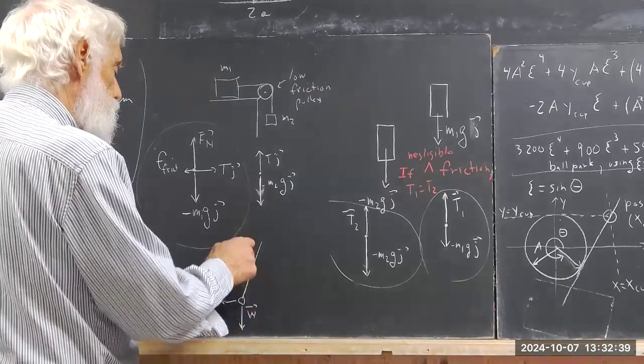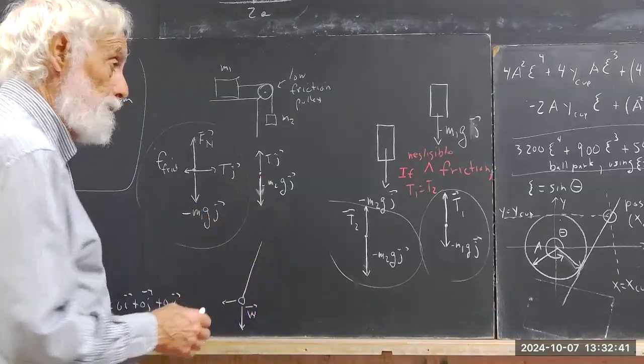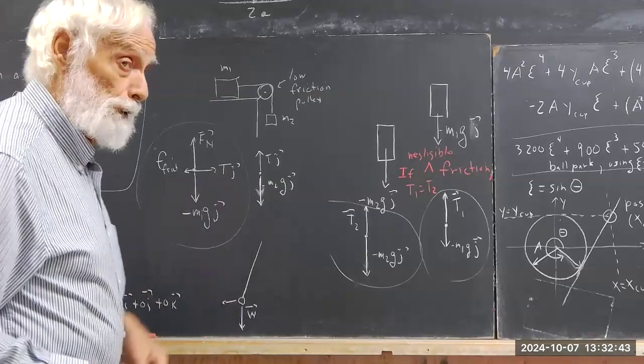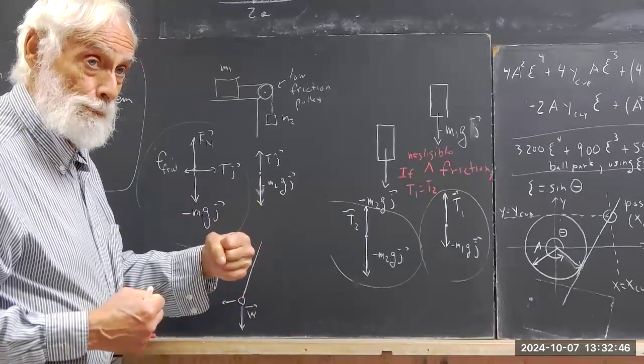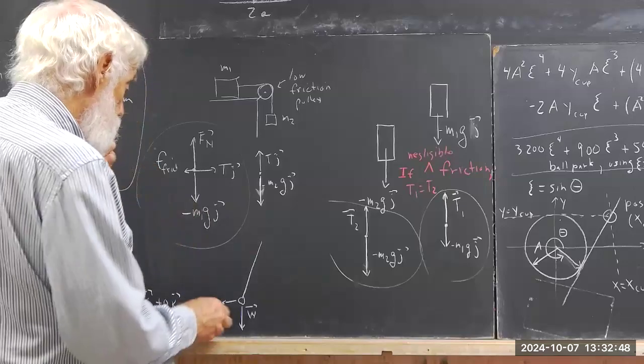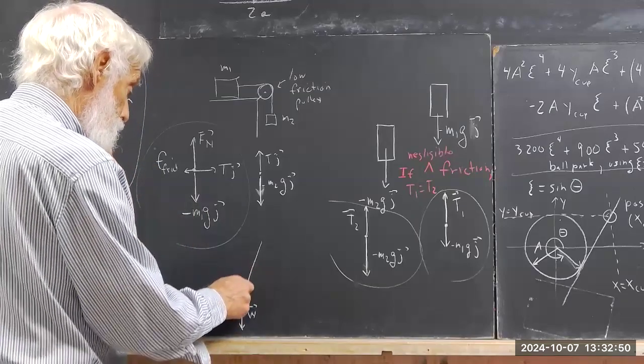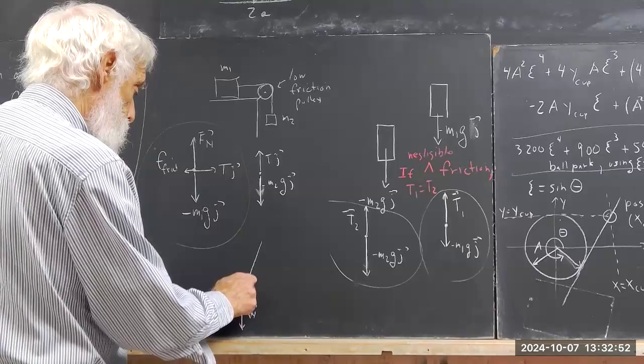And then the tension's not straight up. Some people wanted to draw it straight up. Tension is in that string. That string is trying to get shorter. If that string gets shorter, what direction does this thing have to go? It has to go this way.